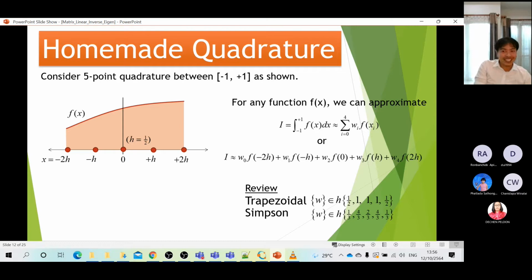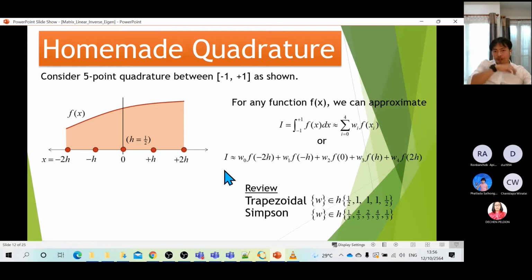Precisely. Suppose I have a function that goes from -1 to +1, and I want to use only 5 sampling points, and I label those points -2h, -h, 0 and so on.